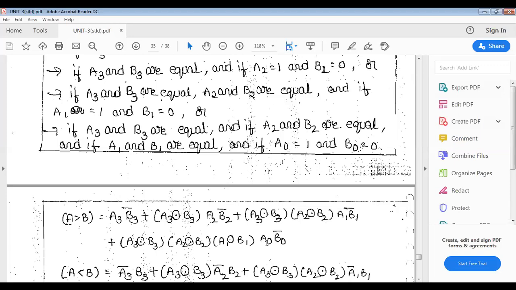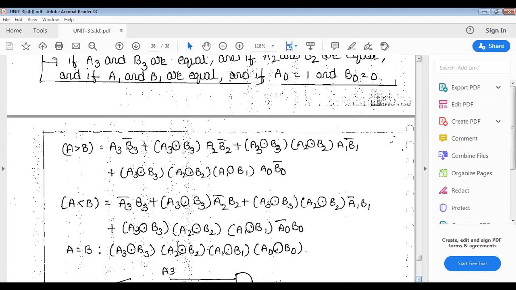So the Boolean expression is: A3 B3 equal, A2 B2 equal, A1 B1 equal, and A0 B0 bar. The same expression applies for A less than B also. What is the difference here? Keep the A bits complemented and the B bits uncomplemented.